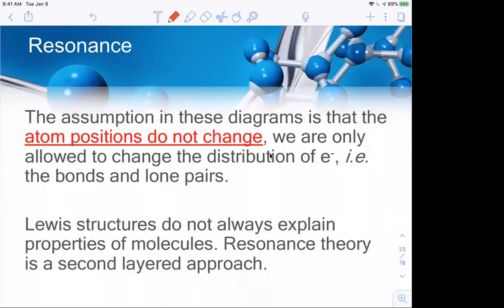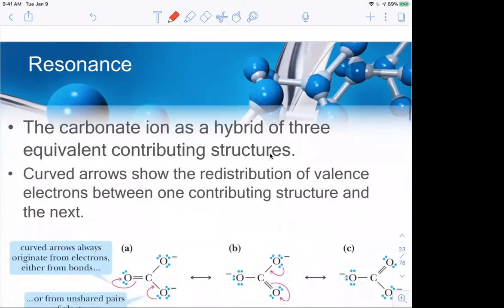Atoms do not change positions. The connectivity of the atoms has to remain the same. What does change is the distribution of the electrons. So I can redistribute the bonds and the lone pairs. Lewis structures do not always explain properties of these molecules. Resonance theory can give me another explanation when I look at behaviors. It's another second layered approach that explains some behaviors that I see in nature, which we'll be talking about a lot in organic.